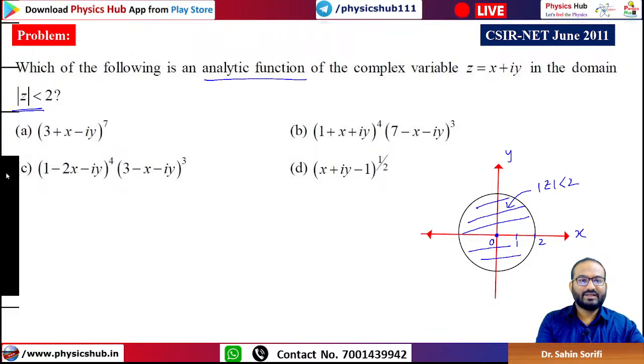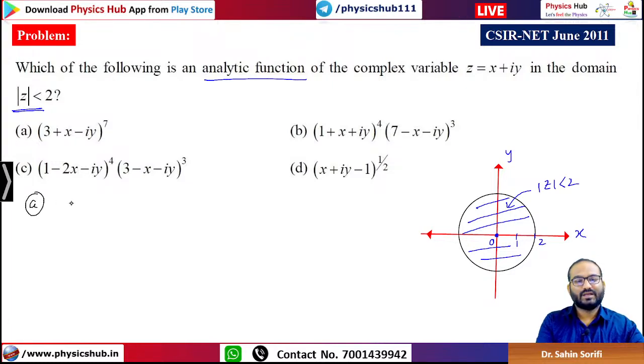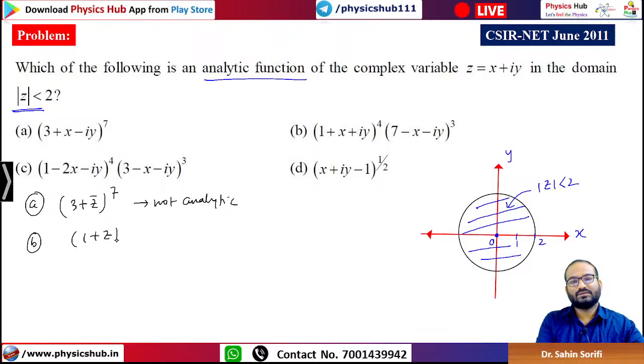So I told you the trick. The first option: 3 plus z bar to the power 7. This is not analytic, since it contains z bar. Option B: 1 plus z to the power 4, 7 minus z cube. This is analytic, containing z.